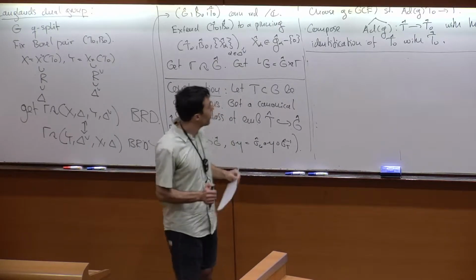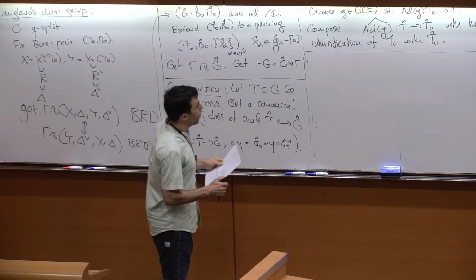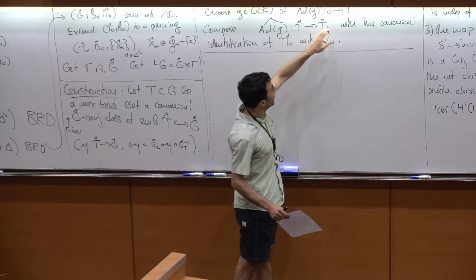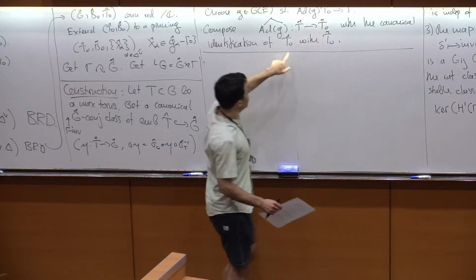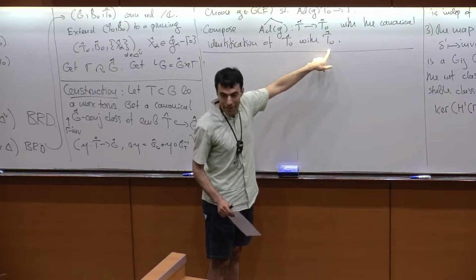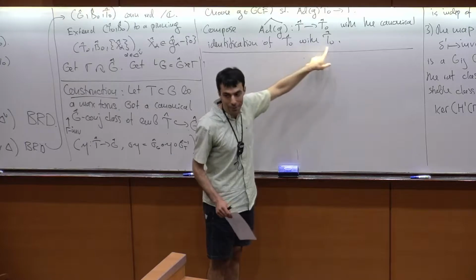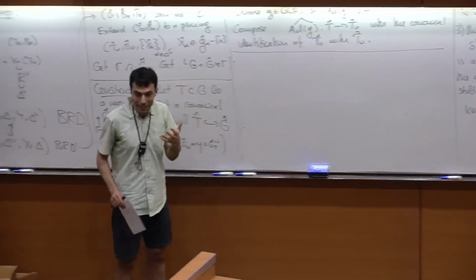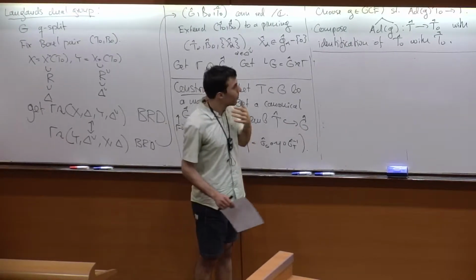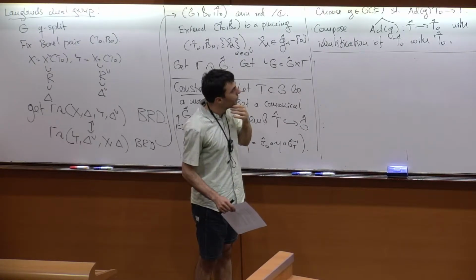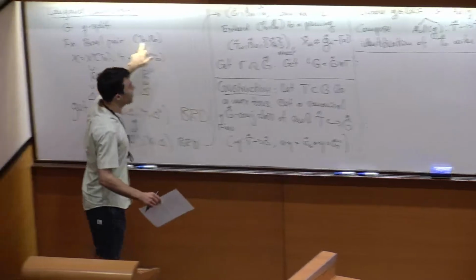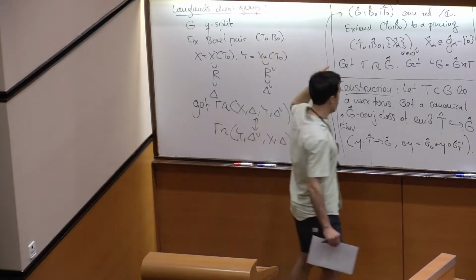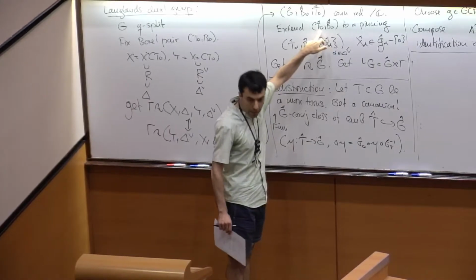The identification of T0 hat with T0 hat identifies the Weyl group of T0 in G canonically with the Weyl group of T0 hat in G hat.